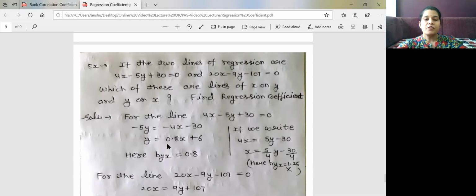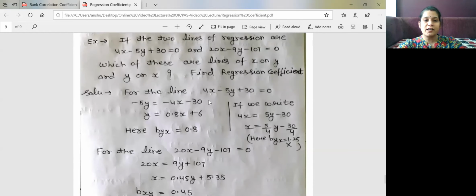So here we take the first regression line, 4x minus 5y plus 30 equal to 0. In this regression line, we write minus 5y on the left hand side and the other two values on the right hand side. So minus 5y is equal to minus 4x minus 30. Got it? So y is equal to, dividing by minus 5, 0.8x plus 6.